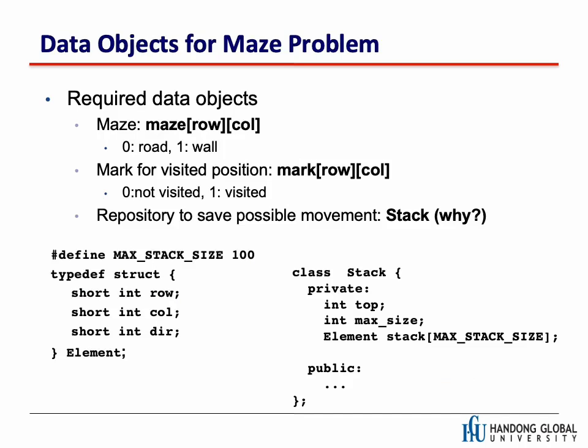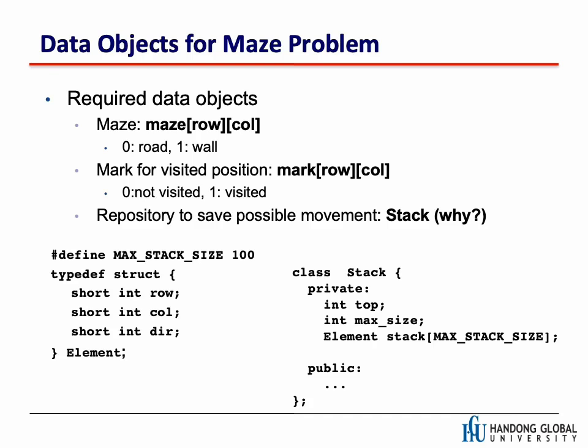Now let's talk about the data objects for the maze problem. First, we need the maze itself. So we have a 2D array for the maze, and the size of this 2D array is row by col. Actually the row is the height plus 2 and the col is the width plus 2. If it is 0, then it is road.